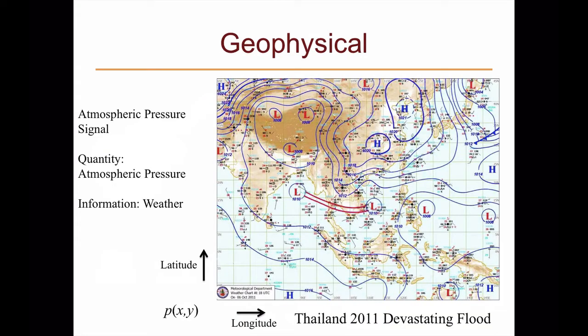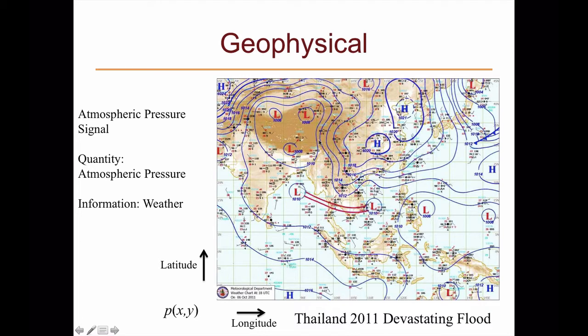Signals can be two-dimensional, like this geophysical signal of atmospheric pressure. The quantity that you measure here is the atmospheric pressure, represented by numbers. These numbers represent contour lines that have equal atmospheric pressure. So this is 1008, this one is 1010, this one 1012.